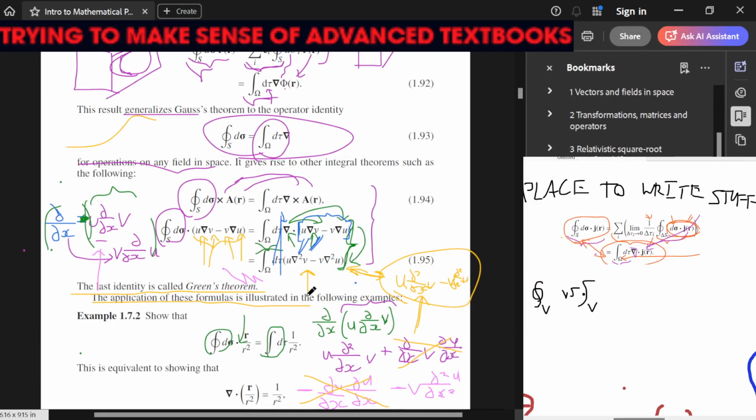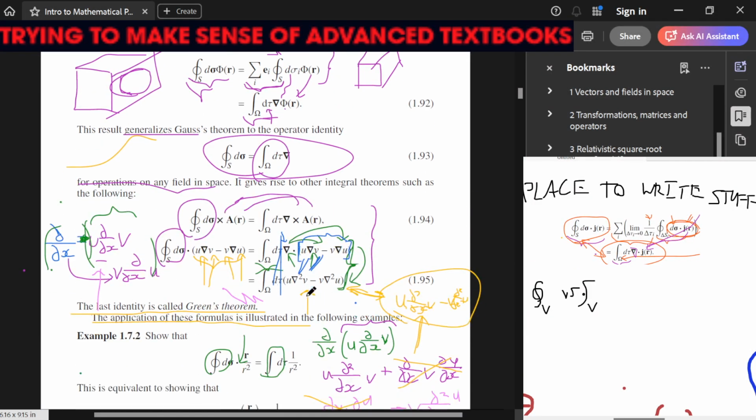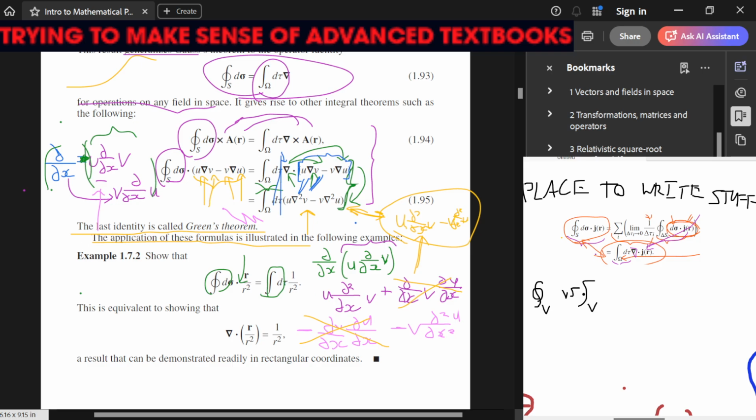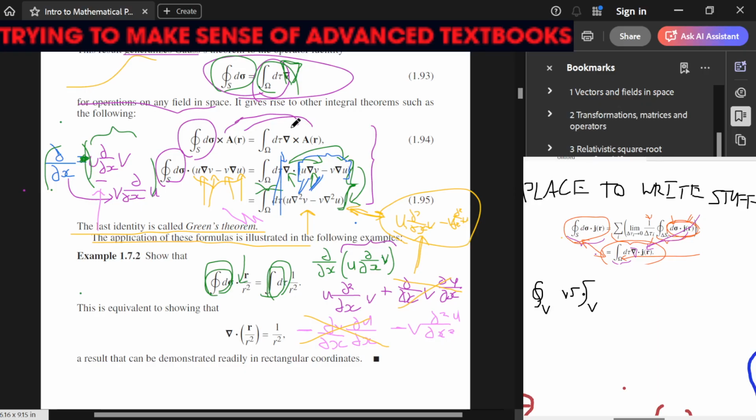Divergence. Yeah, I agree, because this is this, but this is missing the divergence. Well, the gradient function. Is that what I call the gradient function?